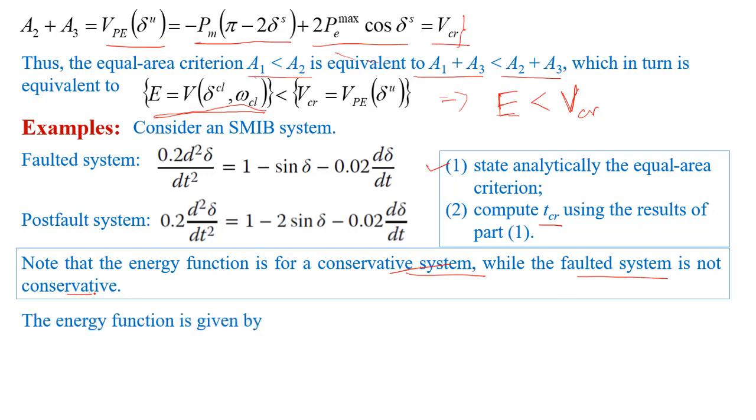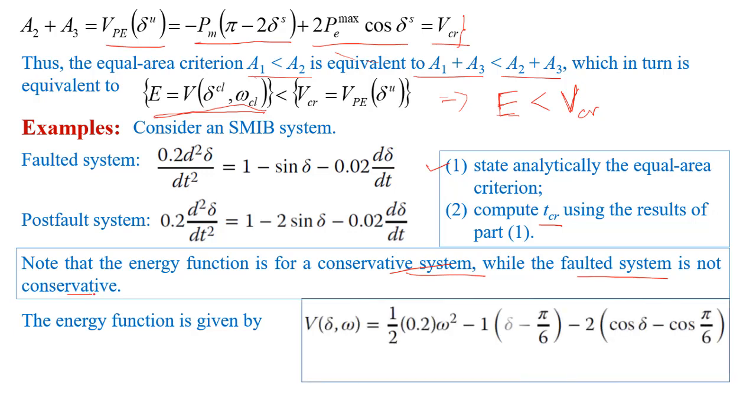The energy function is given by V(δ, ω) equals half of 0.2 ω² minus δ minus 5/6. Just by substituting the clearing point, we'll get the energy function at the stable equilibrium point. So this is your energy function: 0.1 ω² minus δ minus 2 cos δ plus 2.256.